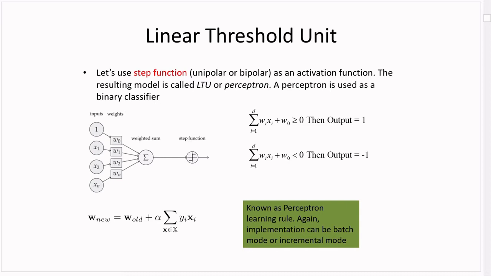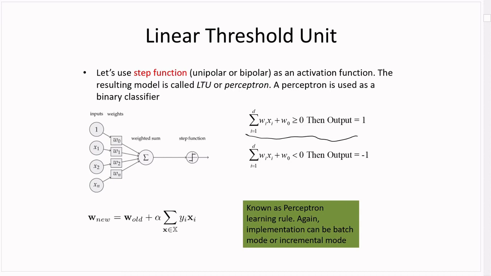So essentially this model is behaving as a linear classifier, and the output is going to be 1 if this inequality is satisfied, and the output is going to be -1 if this inequality is satisfied. Of course, this is +1 and -1 assuming you are using a bipolar nonlinearity or bipolar step function. If you were using a unipolar one, then it will be 1 and 0.